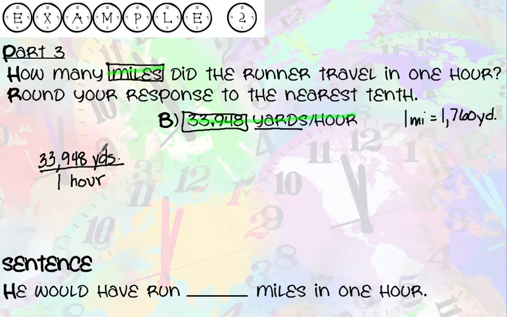So again, since we want to go from yards to miles, then I have to put miles on the top and yards on the bottom. Even though we have hour down here, even though that's our rate, we are still going to use the mile on top and the yards on bottom.